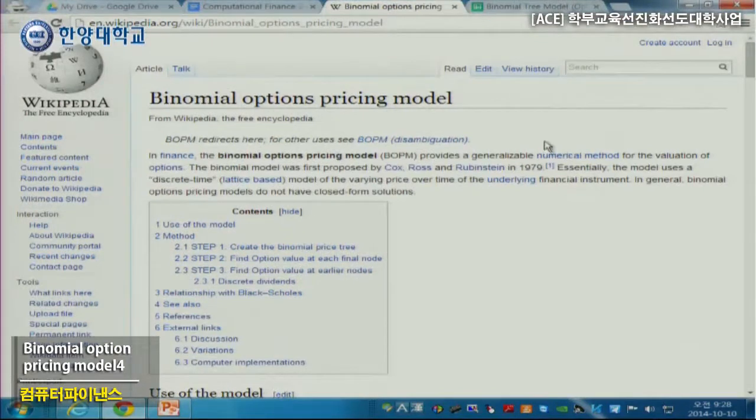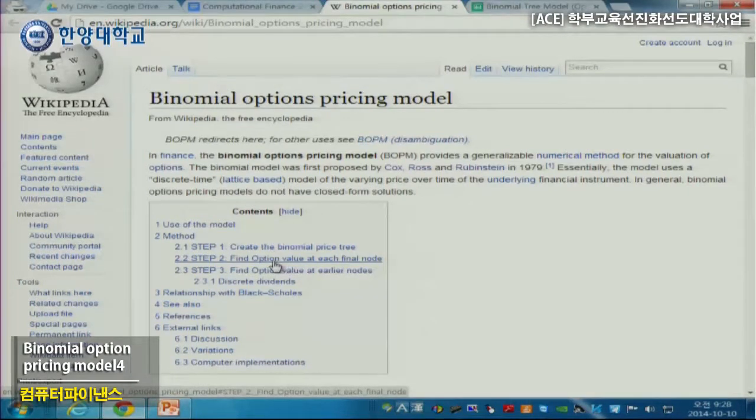Wikipedia is great in summarizing the binomial option price model. There is even step 1, step 2, step 3. Step 1, create the binomial price tree. It is easy. We have the original price. We can go up, go down, go up, go down. Then we can develop the binomial price tree.